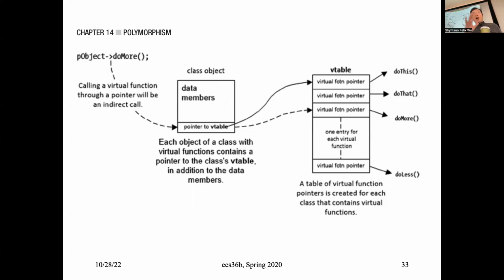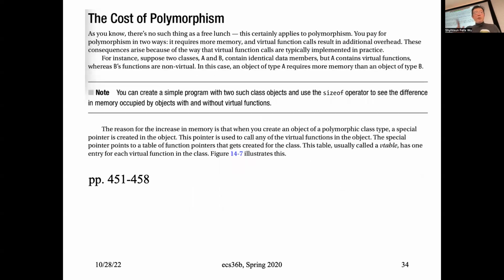I really want to talk about this when we deal with homework assignment number 4, but I want to alert you to start reading the textbook, pages 451 to 458, in a section in chapter, I believe 14 or 13, I really forgot, that tells you about the cost of polymorphism.